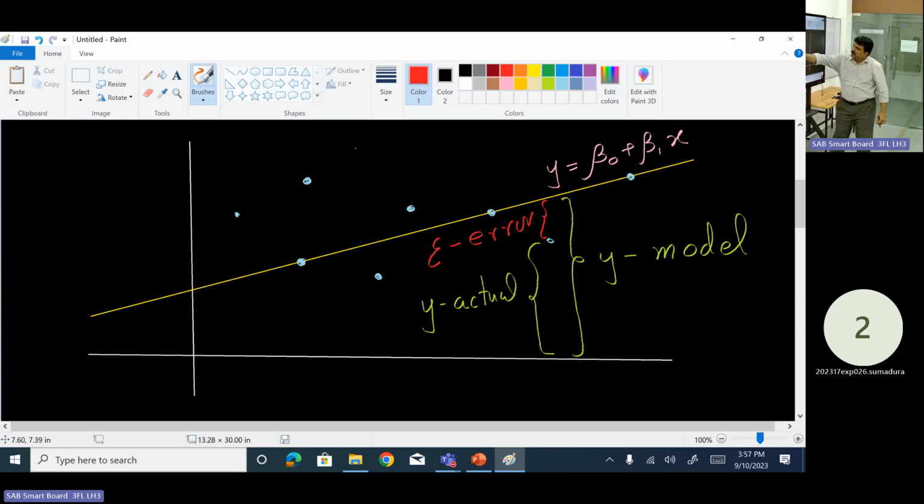Okay, so this is the model value. This is the actual value. There is a gap between the model value and the actual value, and that gap is covered by this error term.